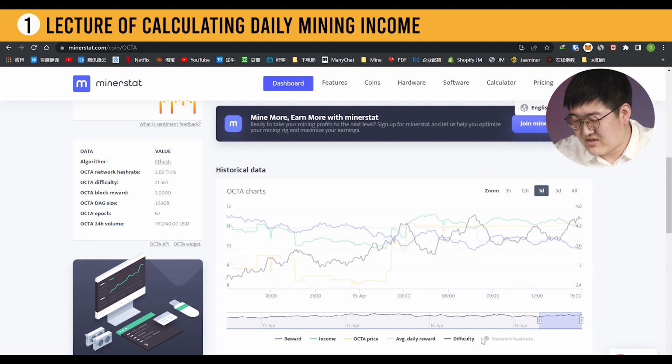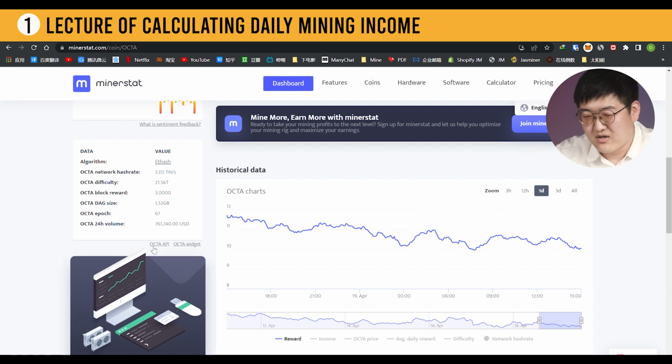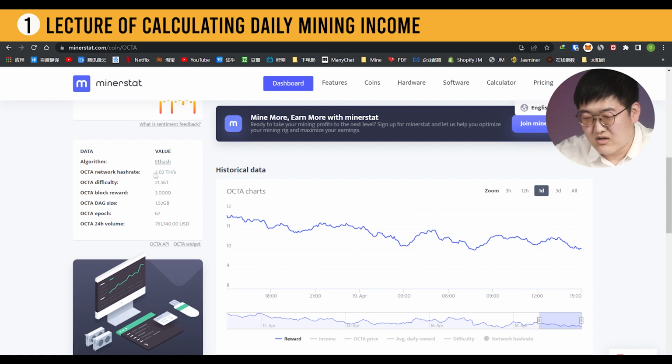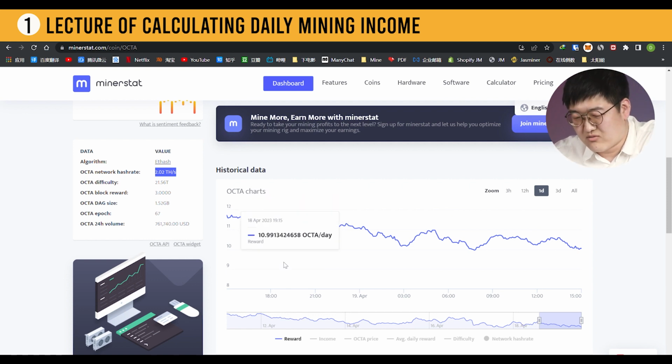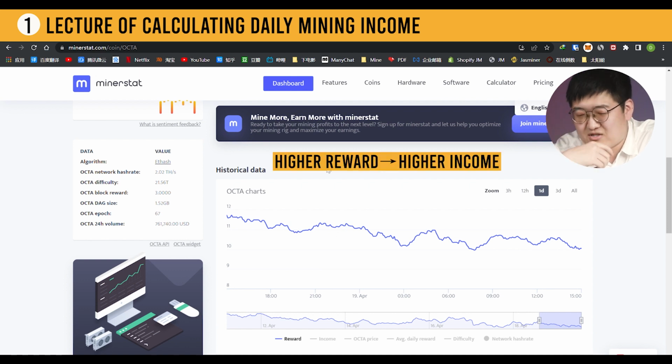If you scroll down, you can see many other factors are also affecting your daily mining income. Here is also a chart available, and this is a table. Let's go one by one. The reward is what the pool gives back to you, higher or lower, per day per mega hash.